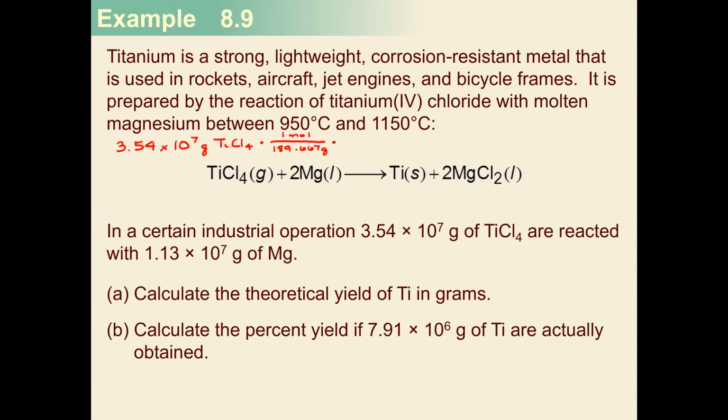And then finally, we need to look at our balanced chemical equation, and we notice that we get 1 mole of titanium for every 1 mole of our titanium chloride. So if we do that, we will end up producing an amount of 1.87 times 10 to the 5th moles of titanium. Is this our limiting reagent? Well, we don't know yet. We have to go and do our other reactant.